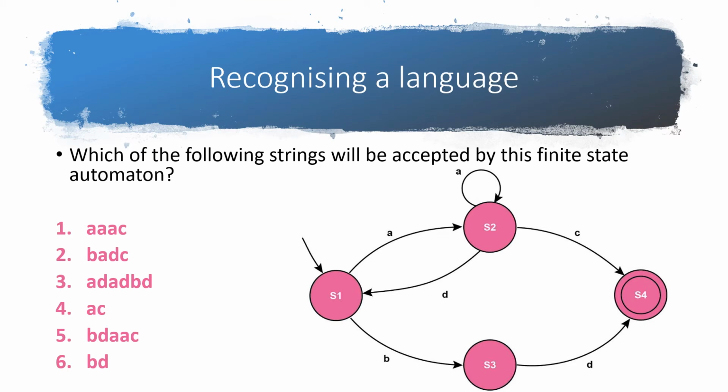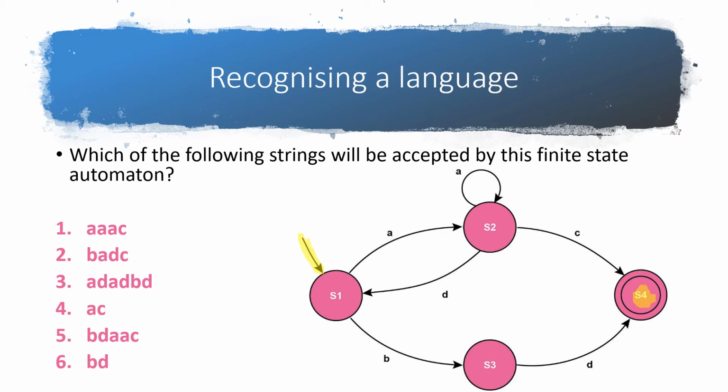Right, so this is an example. Now what you can see here is that S1 is our start state, and S4 there is our accept state.